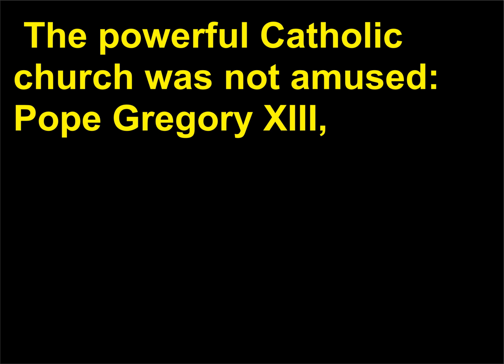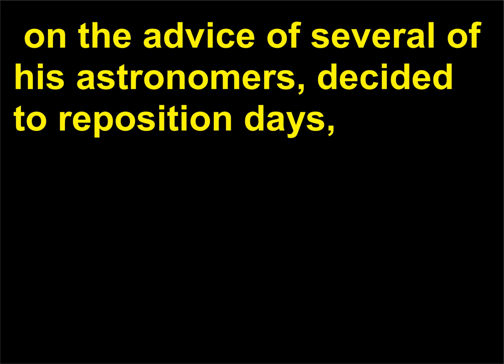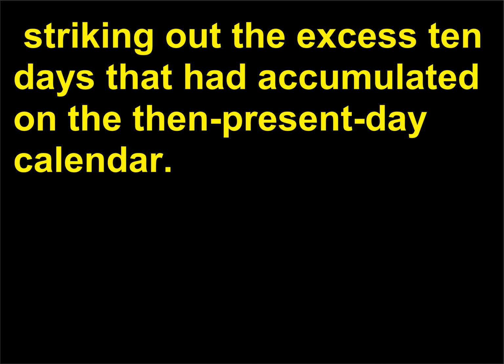The powerful Catholic Church was not amused. Pope Gregory XIII, on the advice of several of his astronomers, decided to reposition days, striking out the excess 10 days that had accumulated on the then present-day calendar.